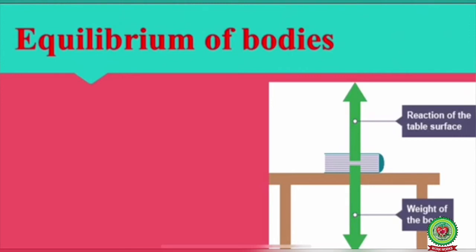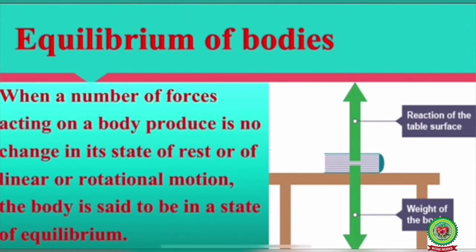The body is at rest even when two forces are acting on it. So, when a number of forces acting on a body produce no change in its state of rest or of linear or rotational motion, the body is said to be in equilibrium.